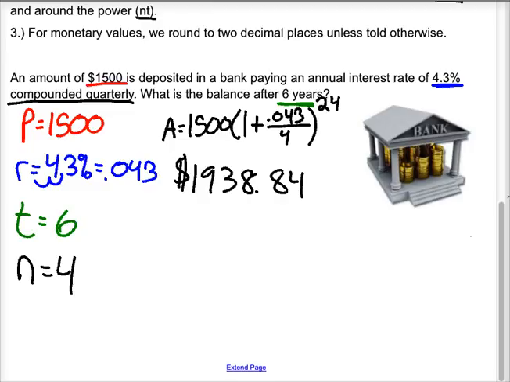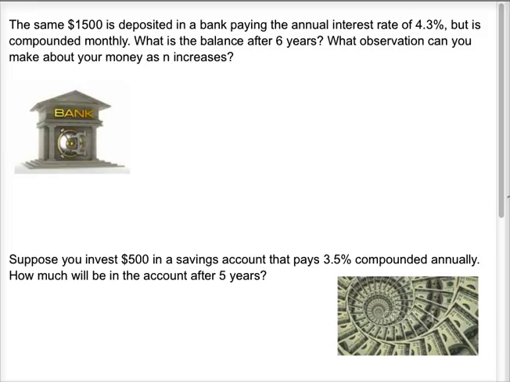All right. So for our next example, that same money is deposited into the bank, paying an interest rate of 4.3%, but this time is compounded monthly. Okay, so we have all the same information. Our P, our initial amount, is still 1,500.